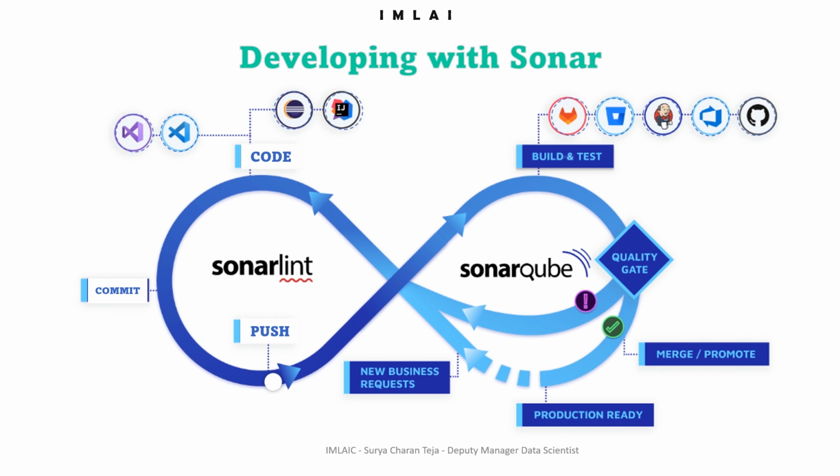So the clean as you code concept of Sonar's approach helps you focus on submitting new clean code for production, knowing that your existing code will be improved over time. An organization starts off with a default set of rules and metrics called the Sonar Way Quality Profile.